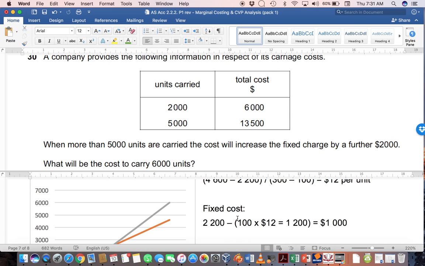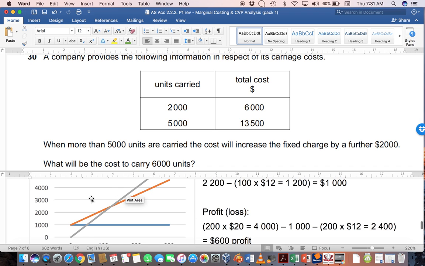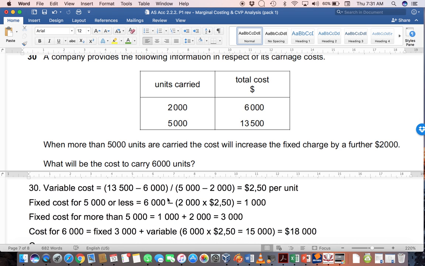Now, over here, although we're referring to carriage costs rather than production costs, we can actually do a calculation that is exactly the same as this one over here that we used in the previous question. So our calculation method is going to be the same, and I'm sure you'll recognize it. Firstly, we would look at what is the variable cost per unit that is carried.